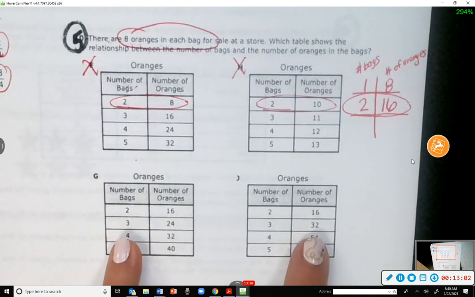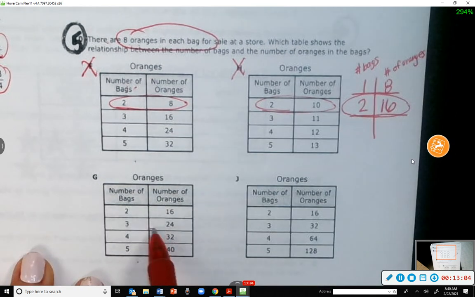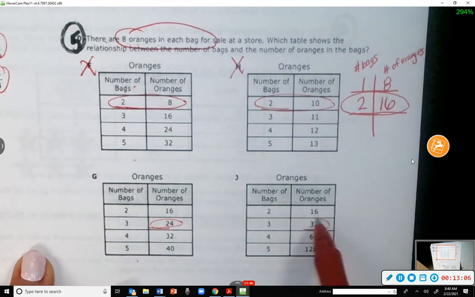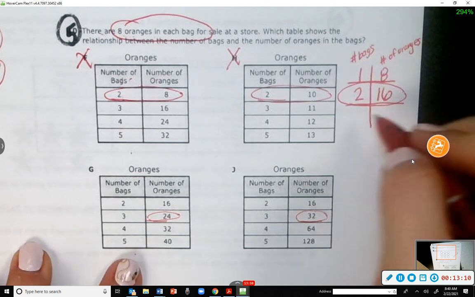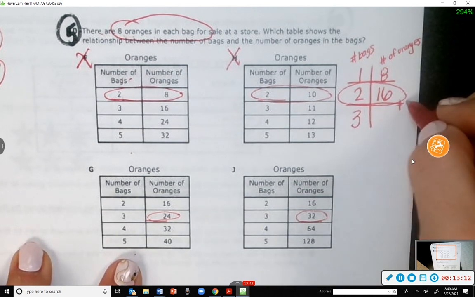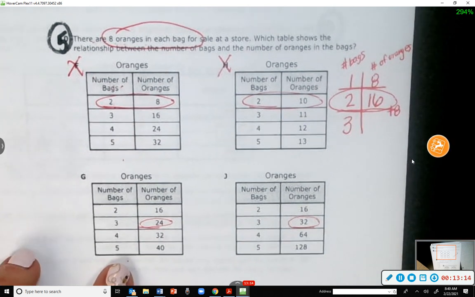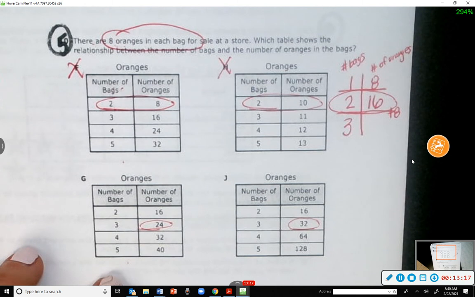So if I keep going, I notice this one has 24 and this one has 32. So we need to figure out which one's right. So if I add another 8, because that's what we're doing, adding 8 each time, what would it equal? 24.